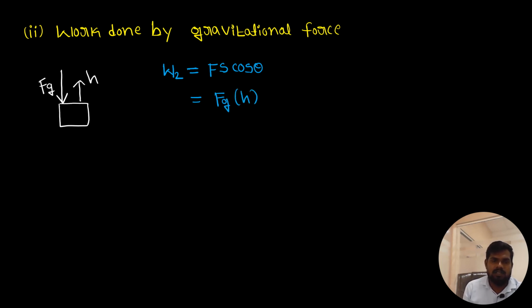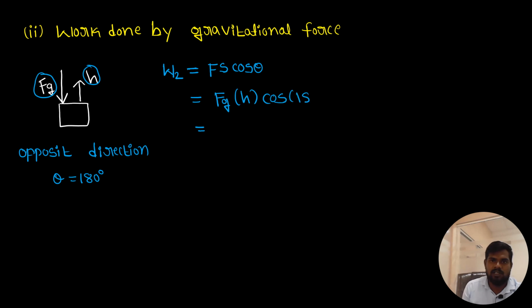Now in this case, the gravitational force and the height are in opposite directions. Opposite direction means theta is equal to 180 degrees. Then that is equal to Fh cos 180 degrees, and cos 180 is minus 1.